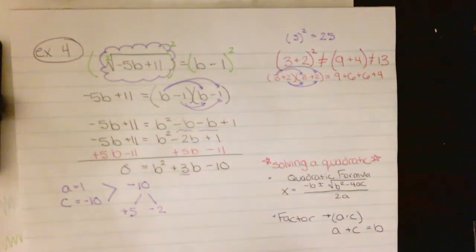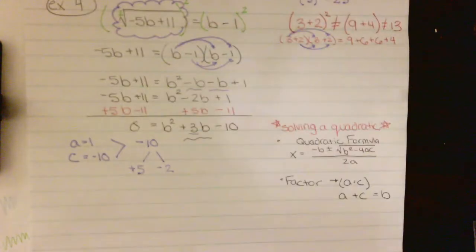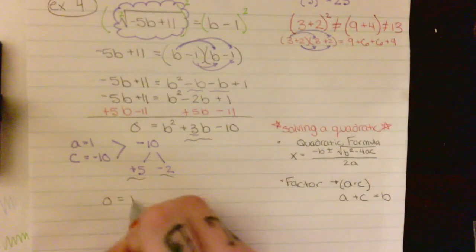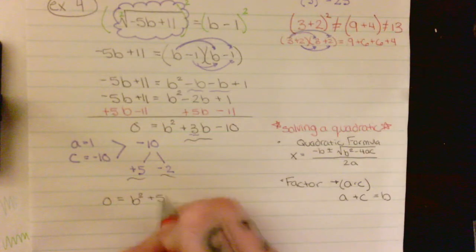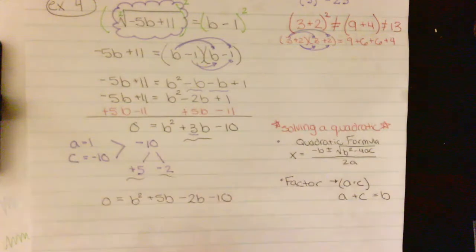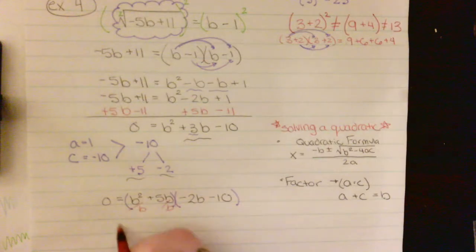Okay, so I'm going to rewrite this linear term using plus 5b minus 2b. So I've got 0 equals b squared plus 5b minus 2b, and then continue on with the equation. Gonna group. Divide both terms by the greatest common factor. So I've got b.